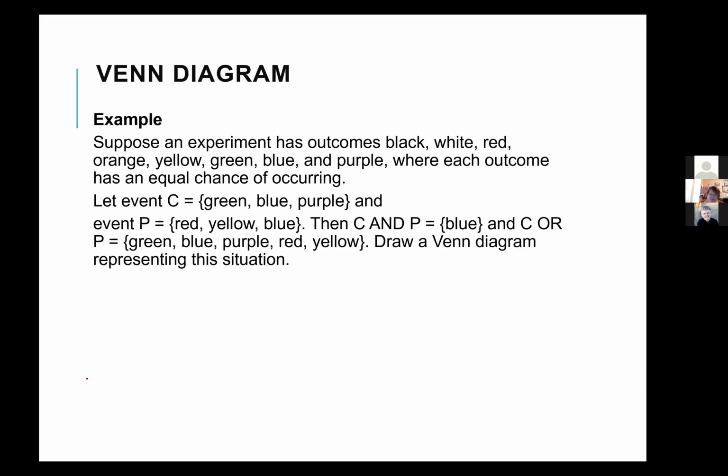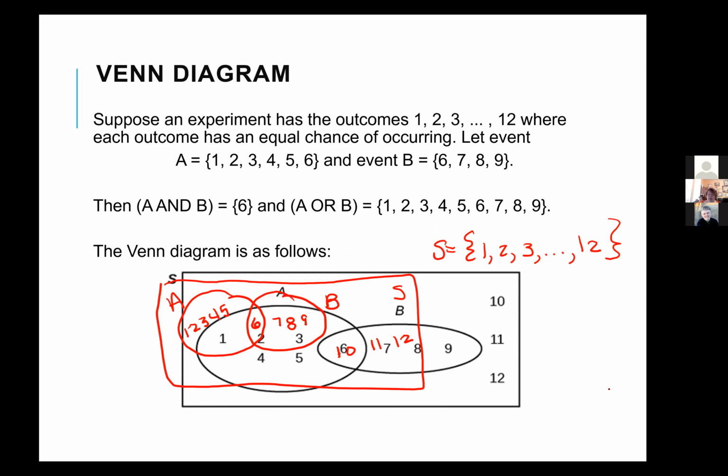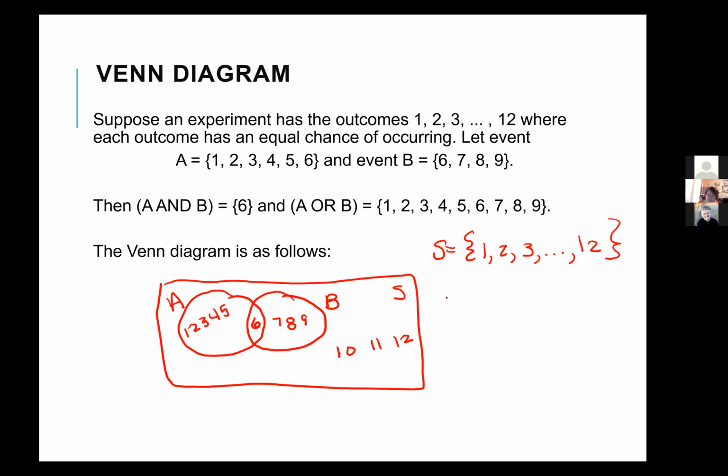C or P is the union of these two. So you just join them together. I didn't say that over here, but let's go back. So A or B, everything in A or B would be the set 1, 2, 3, 4, 5, 6, 7, 8, and 9.